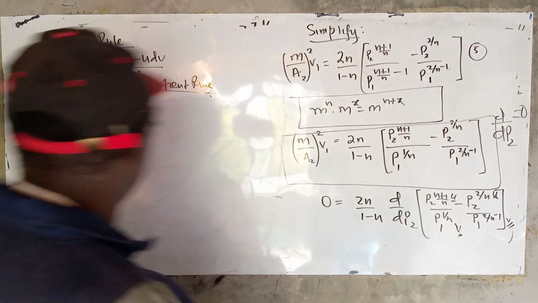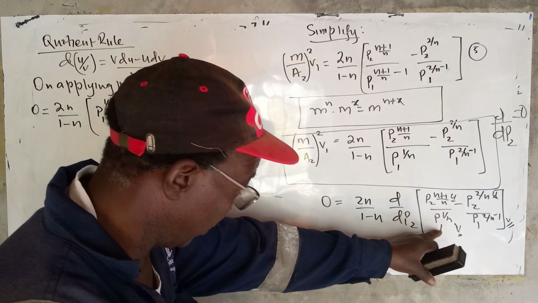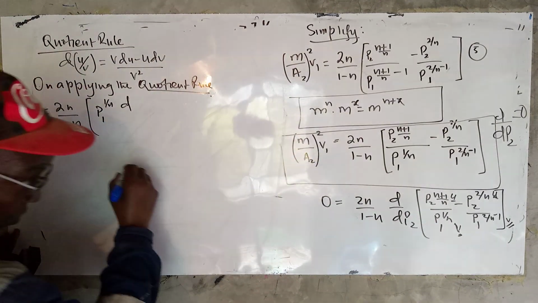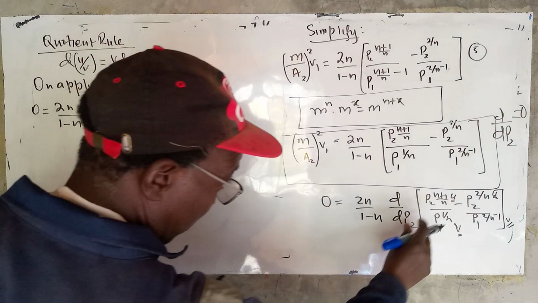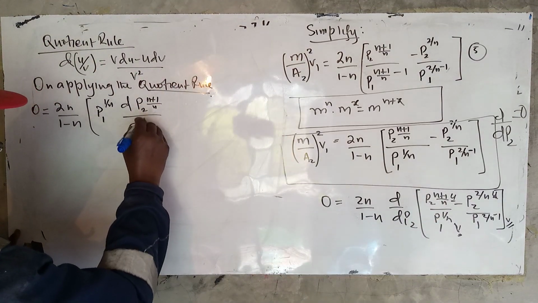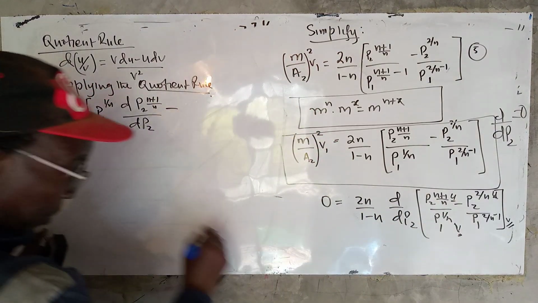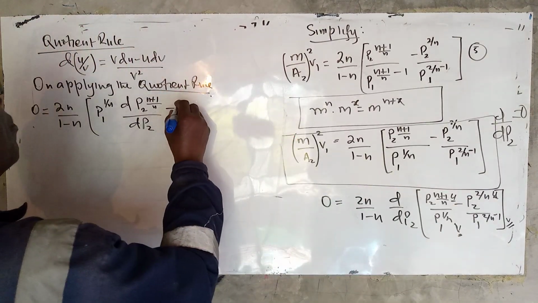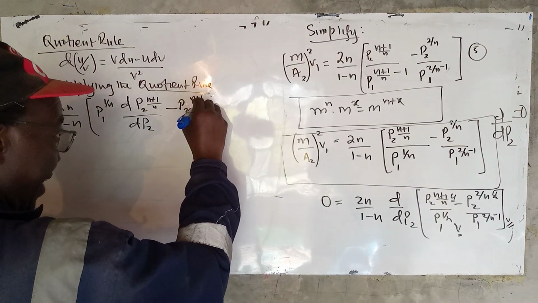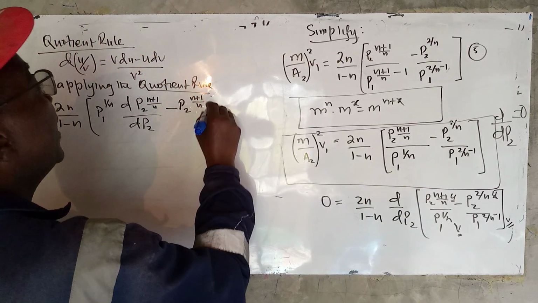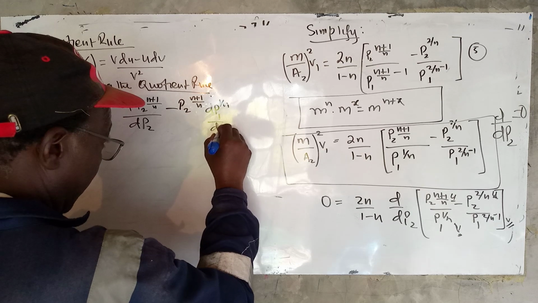Now that is v, P1 to the 1 over n, then d of P2 to the n plus 1 over n, dP2, that is our v du, and then minus u dv, which will now be P2 to the n plus 1 over n times d of P1 to the 1 over n, dP2.